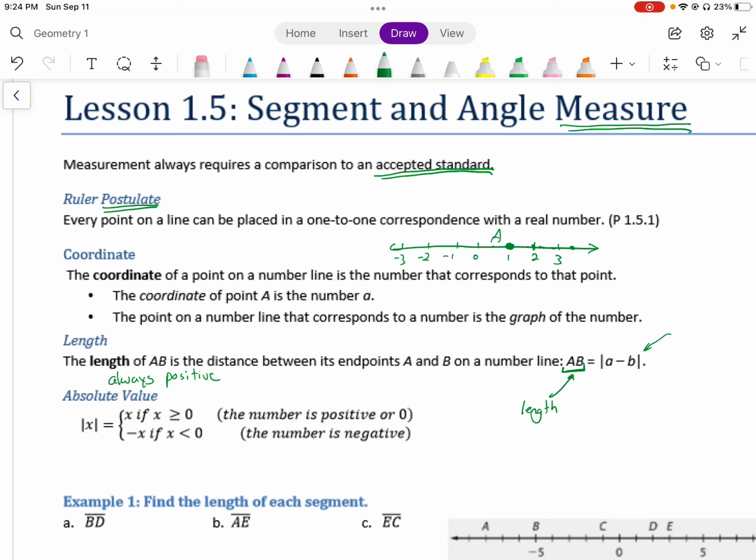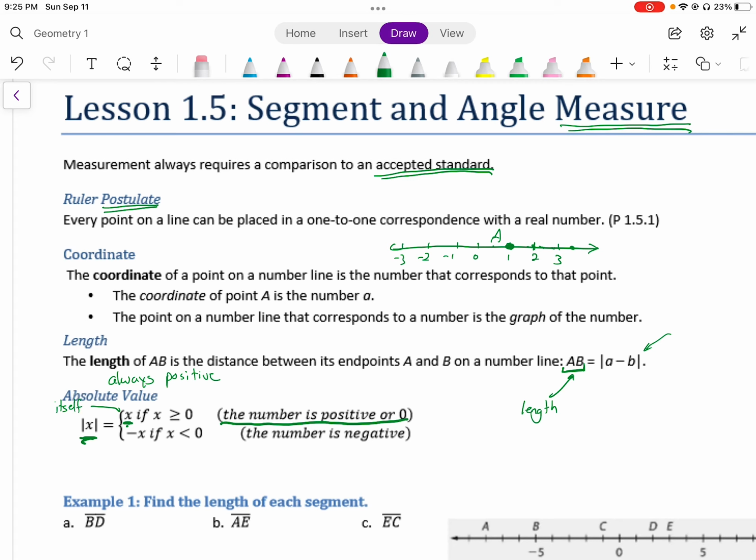Here we have absolute value. There are different ways to define this. This is actually a more algebraic way. The absolute value of x is equal to x, or itself, if x is greater than or equal to 0. So it's 0 or a positive number. And it's the opposite otherwise.